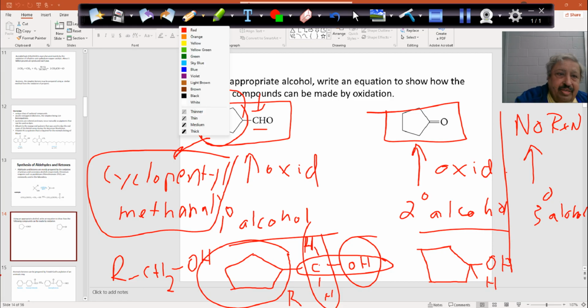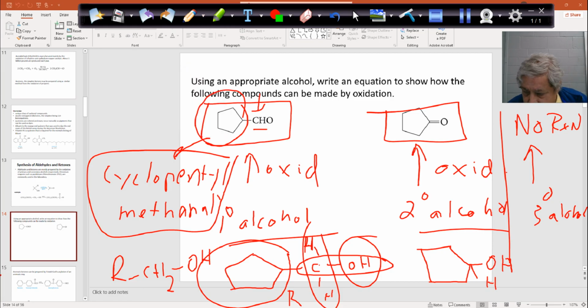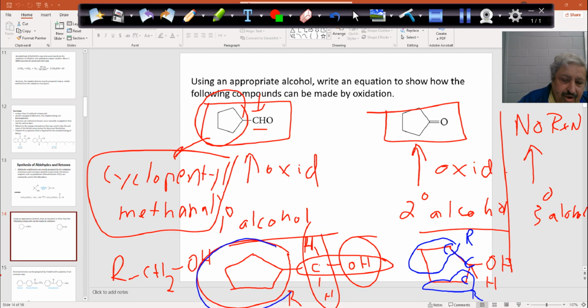So the carbon that carries the OH is connected to two R's. The rest of this is R, and the rest of this another R, for example. That's a secondary alcohol. Here you have only one R. Here you have two R's. Correct? So when you oxidize it, you get this ketone.